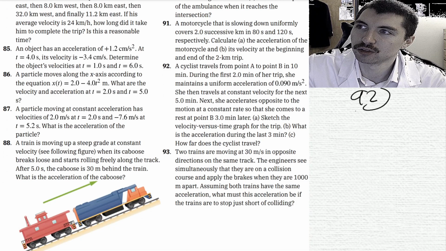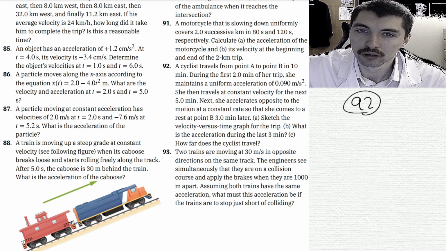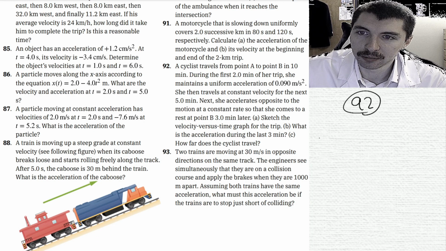It's 92. Cyclist travels from A to B in 10 minutes. So T is 10.